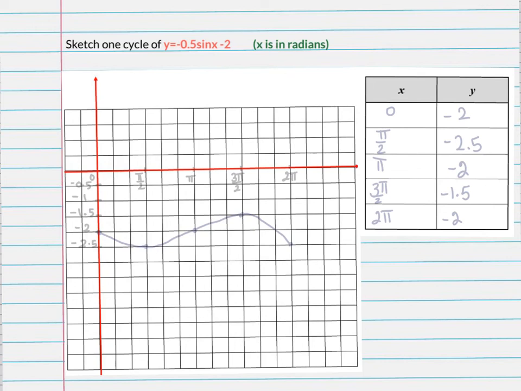As shown from the graph, we have a period of 2 pi. The amplitude from the function that is given is the absolute value of a, the absolute value of 0.5, and that's 0.5. Let's verify it graphically.